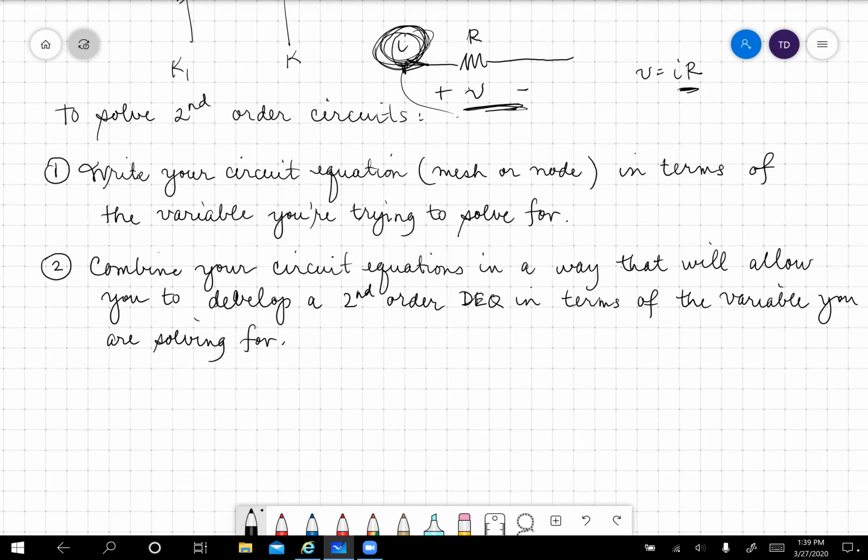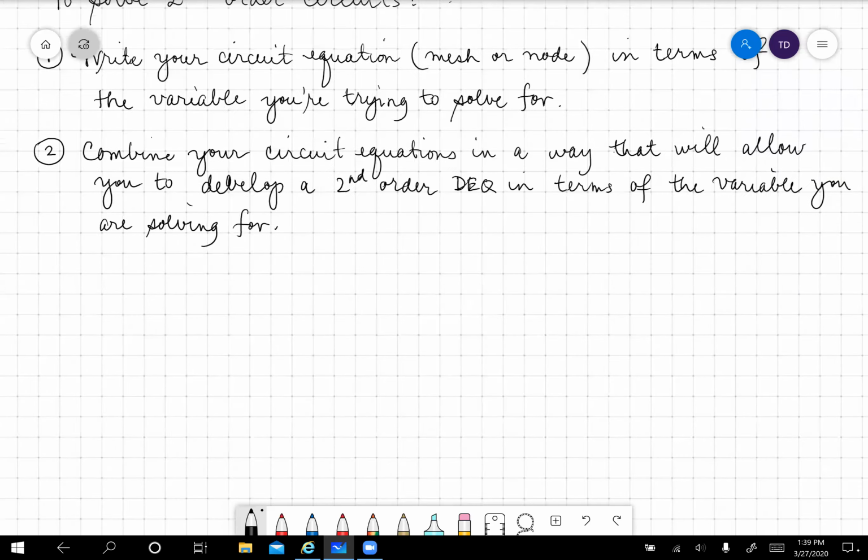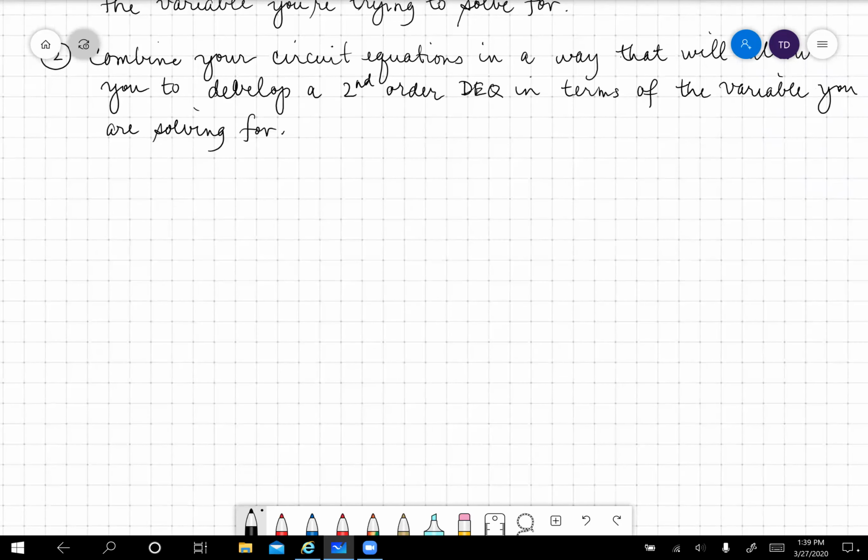So you have to do this combining, and I'll show you how that's done with an example. It doesn't make it easy, but I'll show you how it's done. In fact, this step usually causes you to combine equations in a manner that is backwards of what you will think.